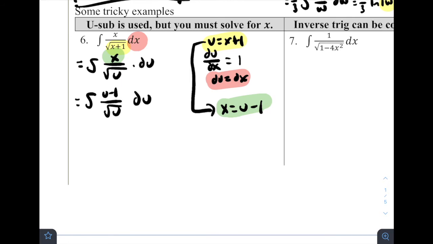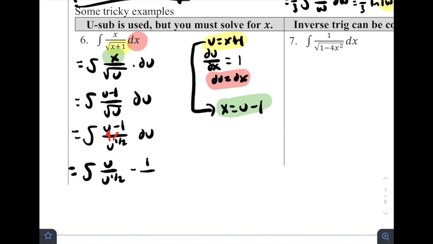And what we can then say is, okay, well, this is the integral of u minus 1 over u to the 1/2 du. And we can see here that this u to the 1/2 is dividing both of these parts. So this is the same thing as the integral of u over u to the 1/2 minus 1 over u to the 1/2 du, or u to the 1/2 minus u to the negative 1/2 du.